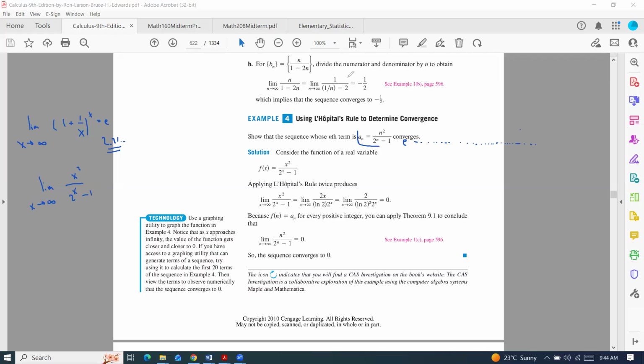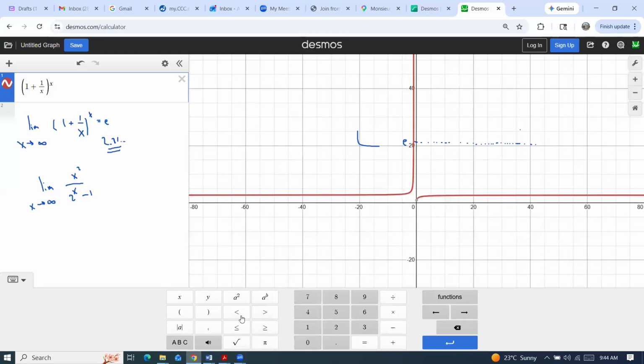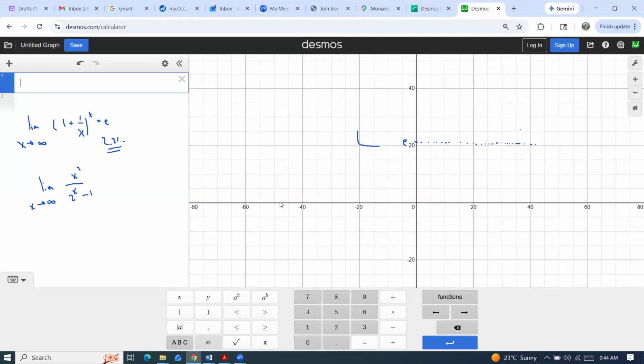So if I decide to graph using my favorite graphing calculator, I go back to the calculator, clear this mess, and then I'm going to enter on the top x squared, and on the bottom we have 2 to the power of x minus 1, right?